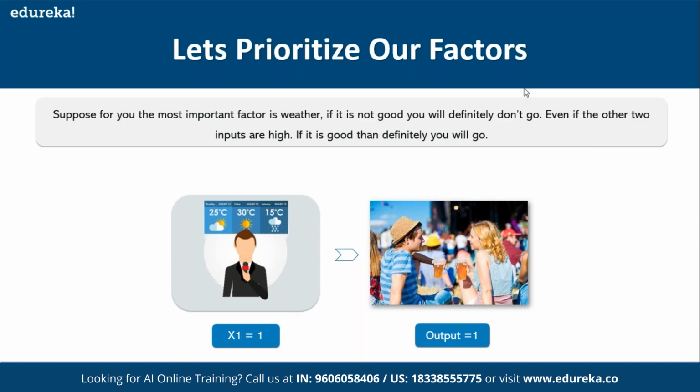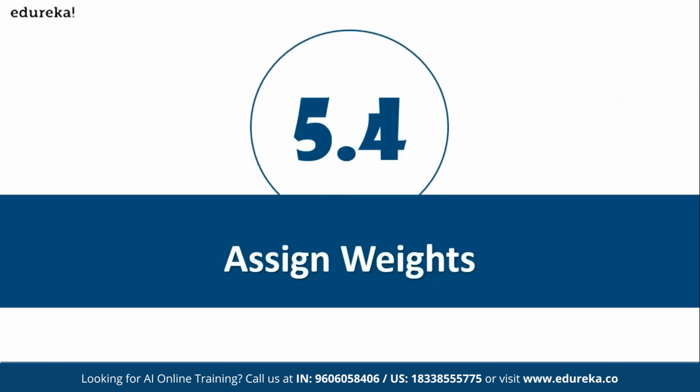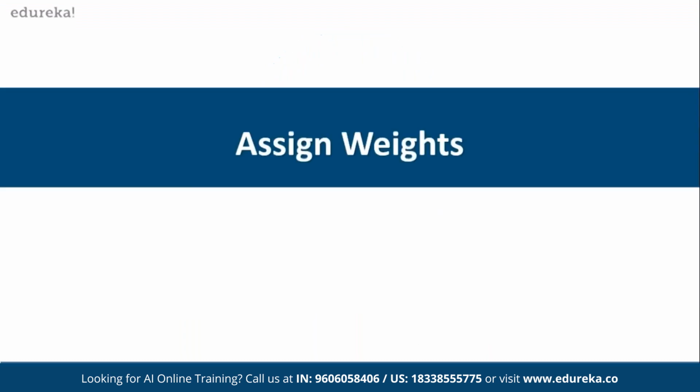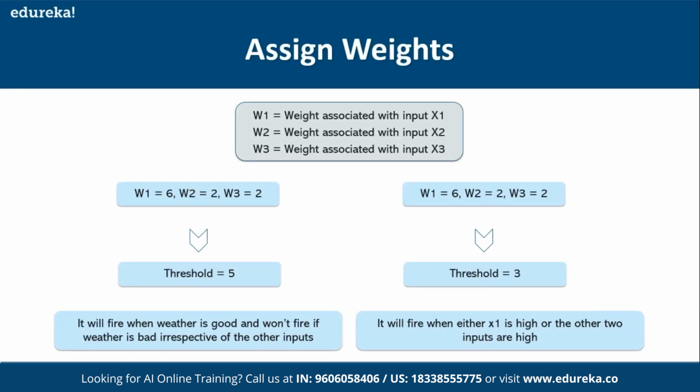Now, we have to assign the weights. We have 3 questions, so the inputs are 3. Therefore, the weight for the first input will become W1, the weight for the second input will become W2, and the weight for the third input becomes W3. Let's assume we assign a weight for our first input, which is the weather, W1 equal to 6. The weight for our second input, whether the spouse is accompanying, is W2 equal to 2.